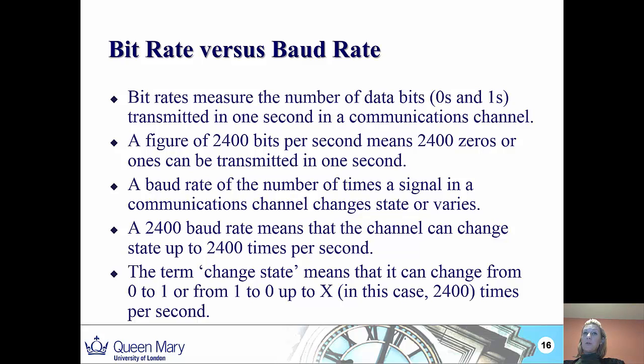A 2,400 baud rate means that the channel can change state up to 2,400 times per second. Changing state refers to it changing from a 0 to a 1 or from a 1 to a 0 up to 2,400 times per second in this example.